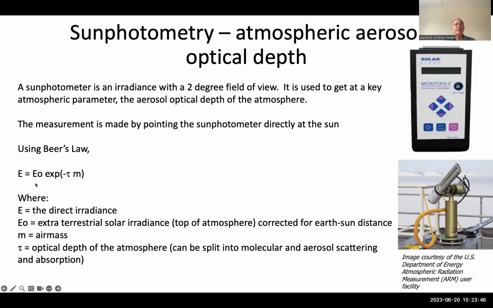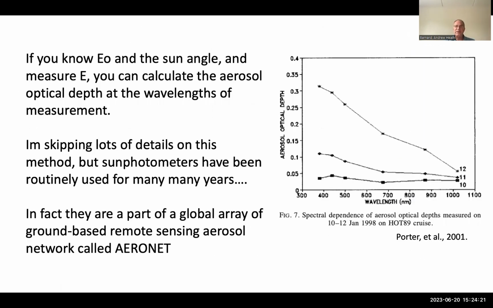You take that top-of-atmosphere irradiance and multiply it by the exponential of the optical thickness of what's called the aerosol component, though it does include molecular as well. It's the thickness of the depth of the atmosphere. You multiply this by another parameter called air mass, which is where some of these systems tend to have an error. But if you know all these parameters, you can solve for the aerosol optical depth.